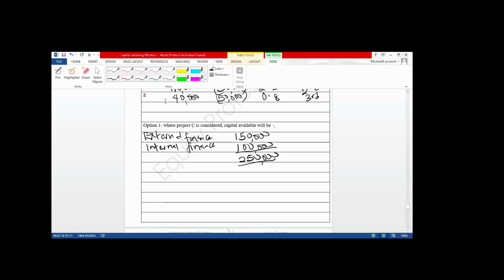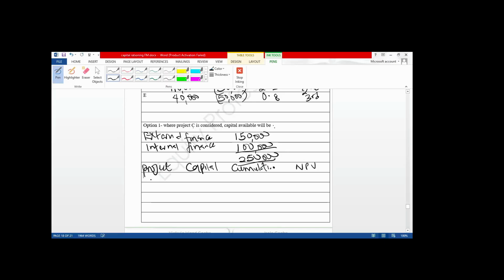Project selection: projects, capital, cumulative capital, then NPV.